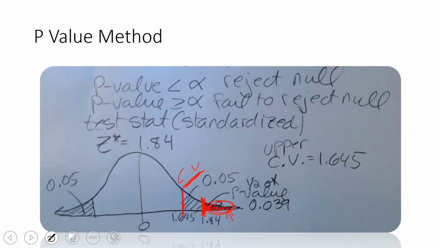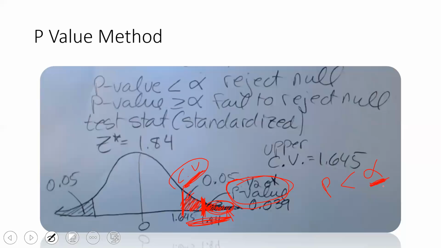So I will find these two areas, then compare the p-value with the area to the left side of the critical value. The area to the right side of the critical value is known as alpha.